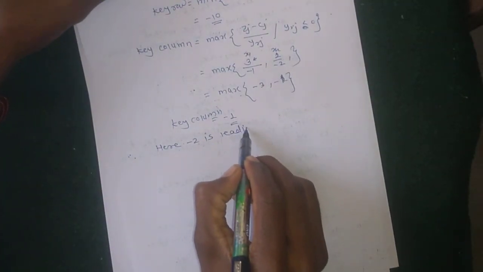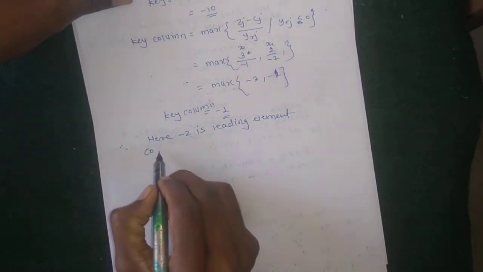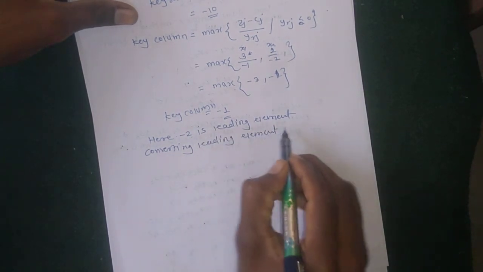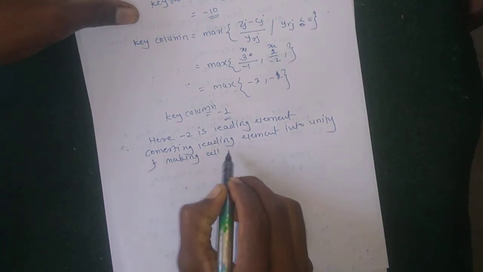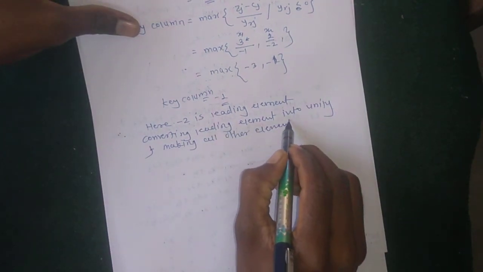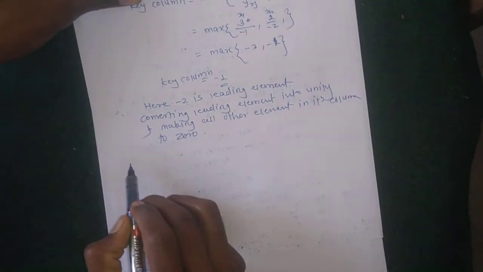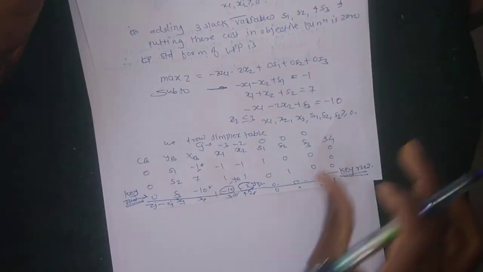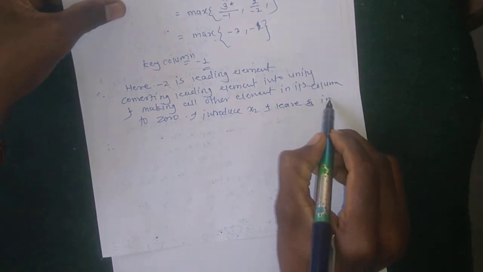Converting the leading element into unity and, by the regular method, making all other elements in its column, the key column, zero. Last, introduce x2 and leave s3 in yb.